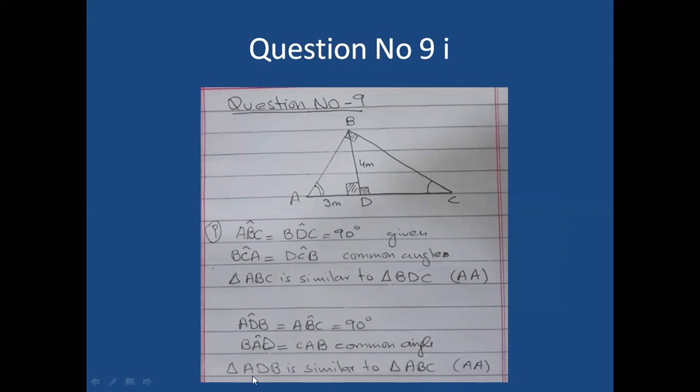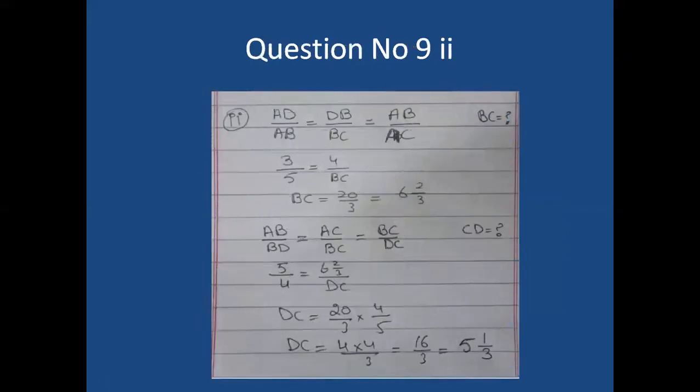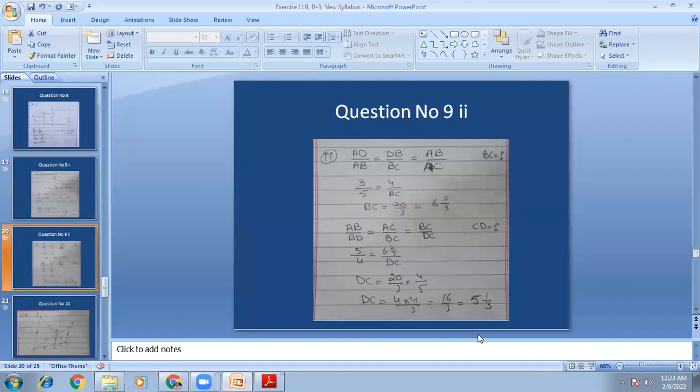So I can say that triangle ADB is similar to triangle ABC. The reason is the angle similarity test. This is how you will prove that these are the three triangles which are similar to each other.